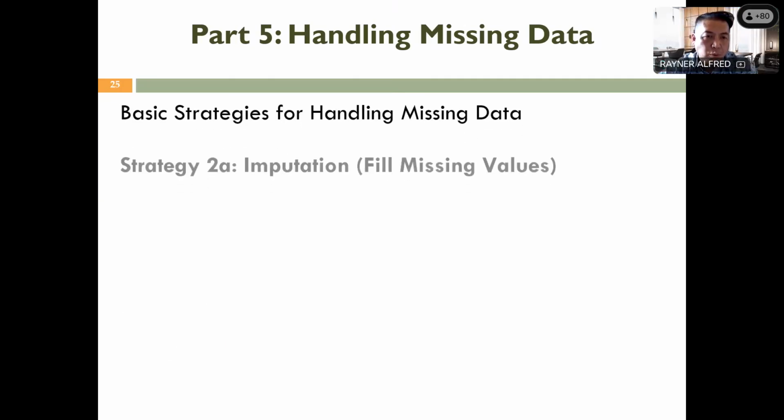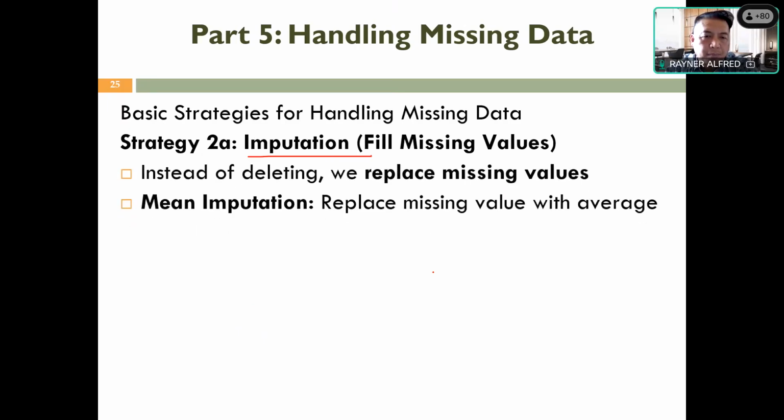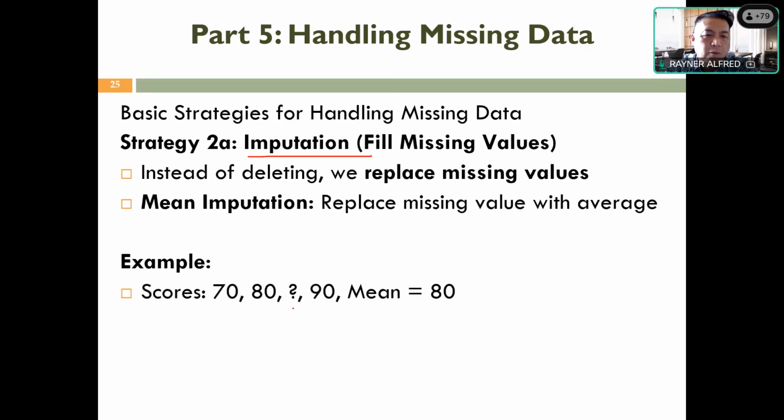Okay, strategy number 2A. Fill the missing value by imputation. So for numbers, what you can do is replace the missing value using the mean. This is for numerical values.